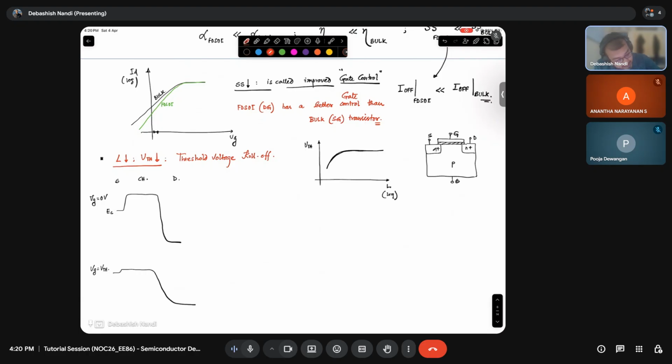I am drawing the band diagram at this location, just at the interface. Let me just draw these lines. So this is, let's say, a long channel device.